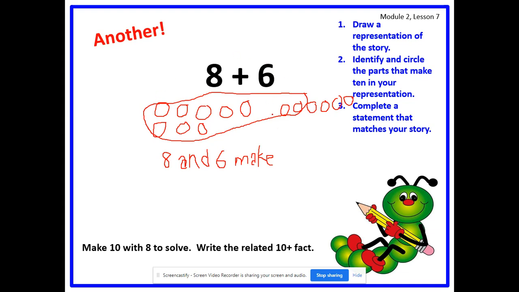Well, we have 10 and 4 outside the box. So let's count on from 10. Get ready. 10, 11, 12, 13, 14. Stop. So 8 and 6 make, get ready. Yes, 14.